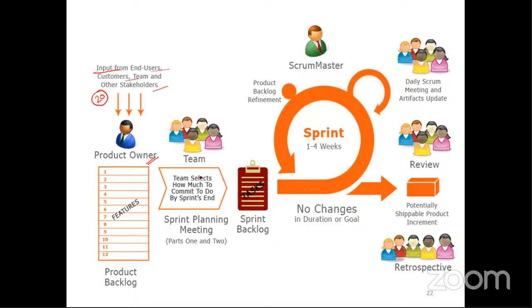The team selects how much to commit to do in a sprint. Suppose there are 5 members in a team, those 5 members plan that we are going to deliver only 10 features in the first sprint. So that sprint planning meeting will be conducted.